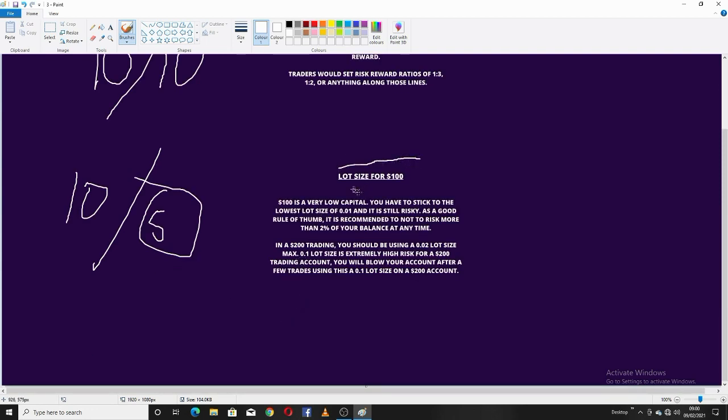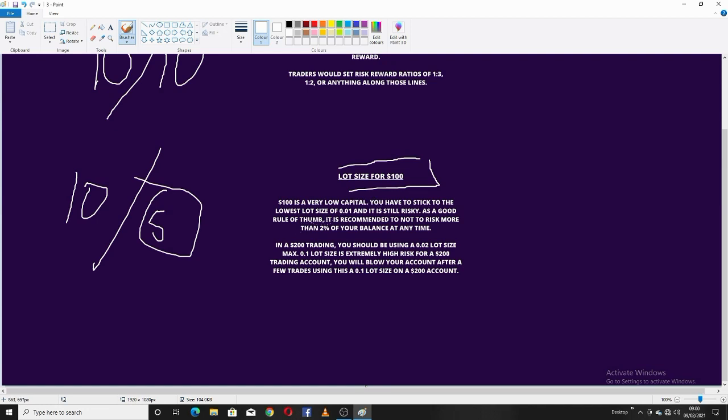Let's look at the lot size usage. Say maybe you have a $100 account, because that's the account I usually recommend people to start trading with. $100 is a very low capital.